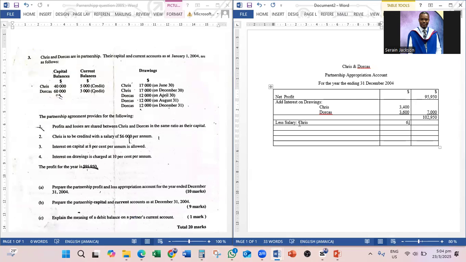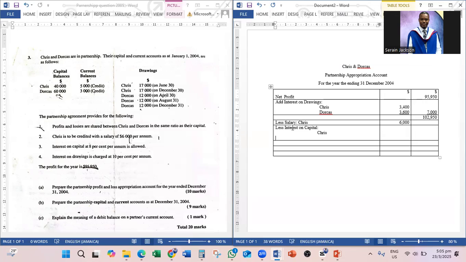We are also going to subtract any interest that is paid on capital. So we also less interest on capital, right? And this goes to both of them. So we go Chris and we go Dorcas.